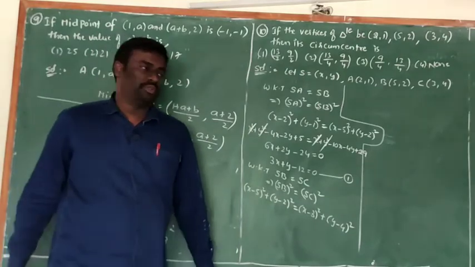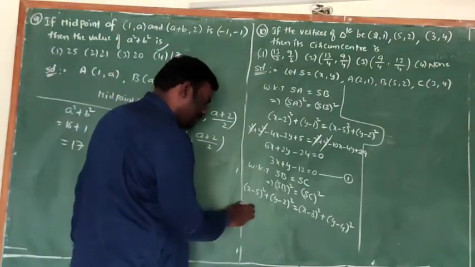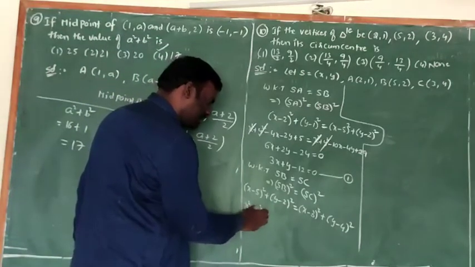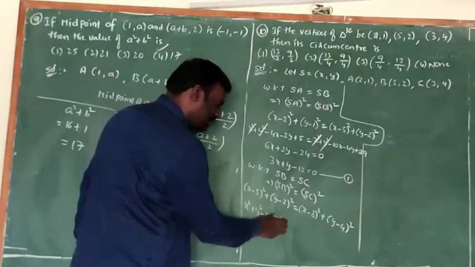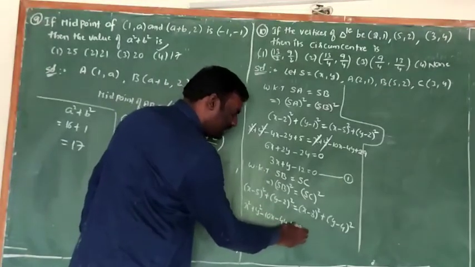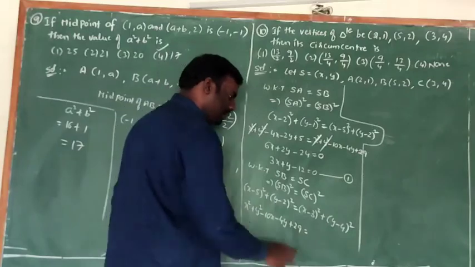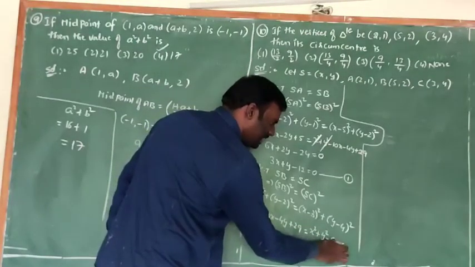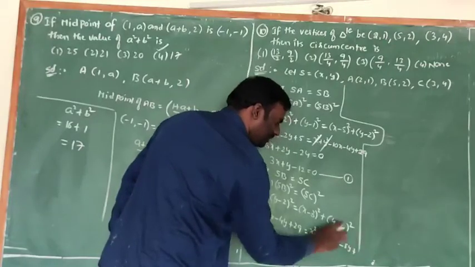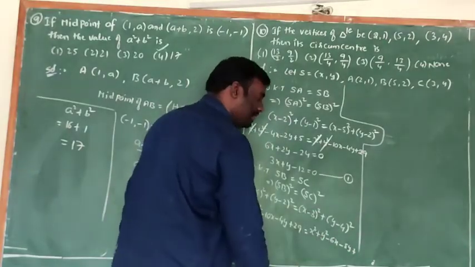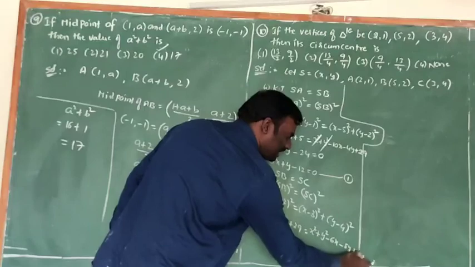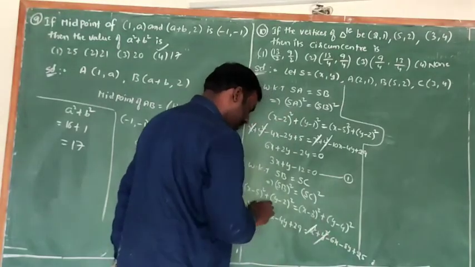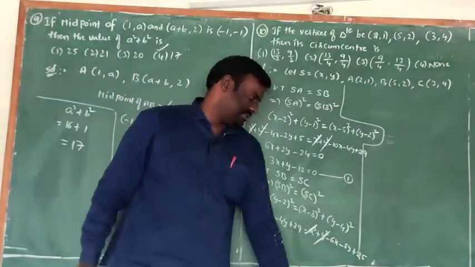Again expanding both sides, left side what will we get? X square plus y square minus 10x minus 4y plus 29. Here x square plus y square minus 6x minus 8y, 3 square 9, 4 square 16, 9 plus 16 25. Now x square y square gets cancelled.